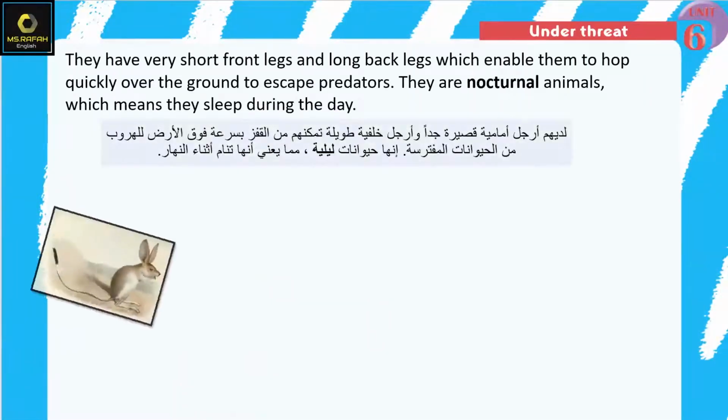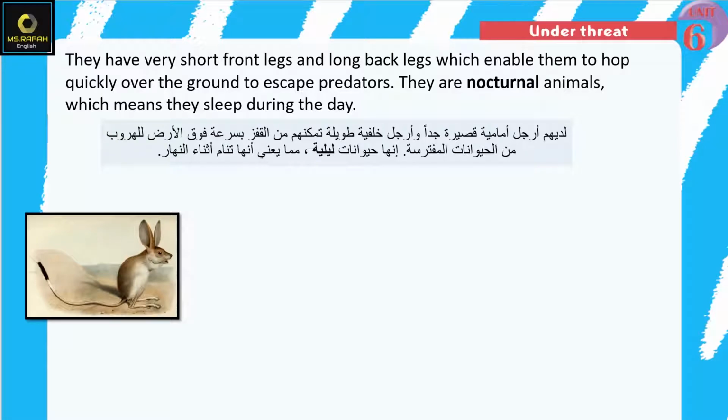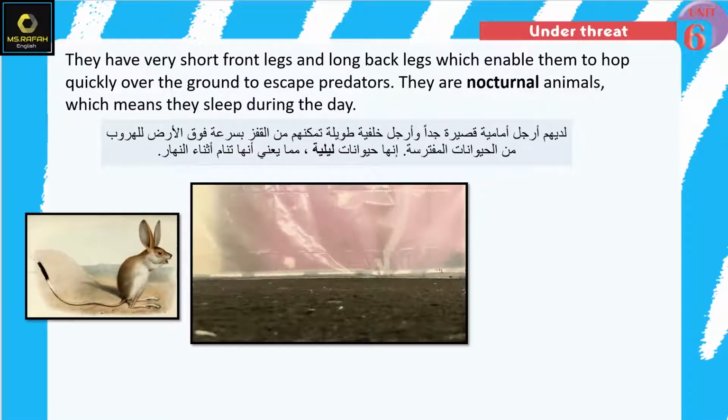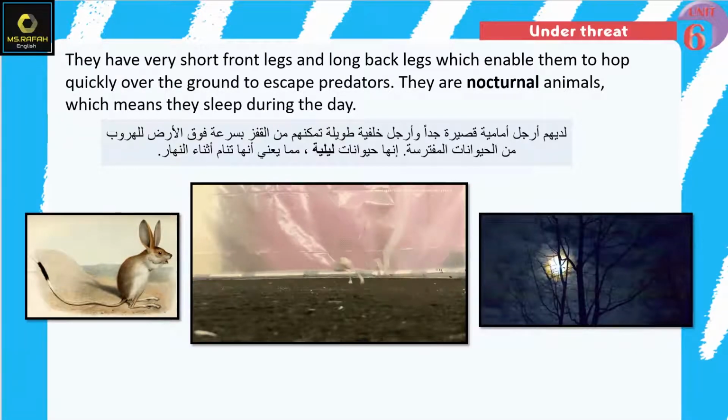They have very short front legs and long back legs, which enable them to hop quickly over the ground to escape predators. They are nocturnal animals, which means they sleep during the day.